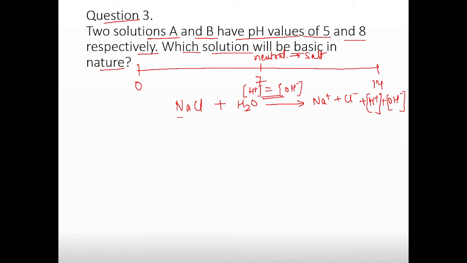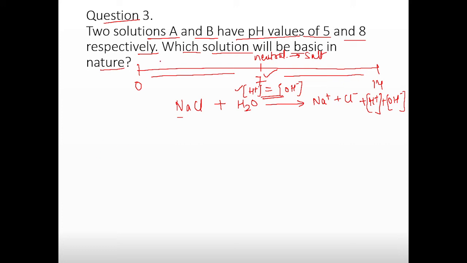Whenever there is this condition, there will be pH 7, that is the neutrality is maintained, and whenever there is high concentration of H plus ion, there will be pH less than 7, and low concentration of H plus ion will show pH more than 7.